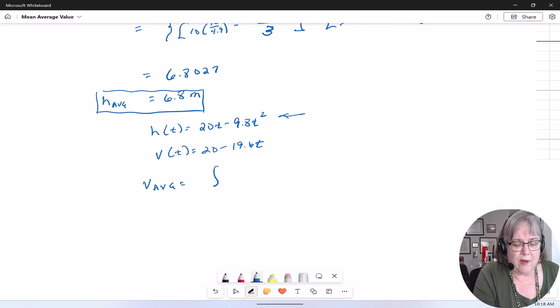So how do I find the average velocity? I integrate the velocity function from start to finish, and then divide by the base.